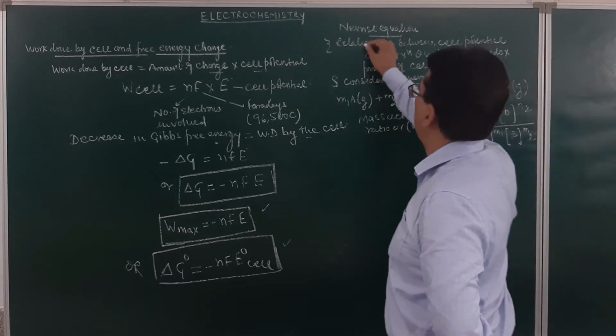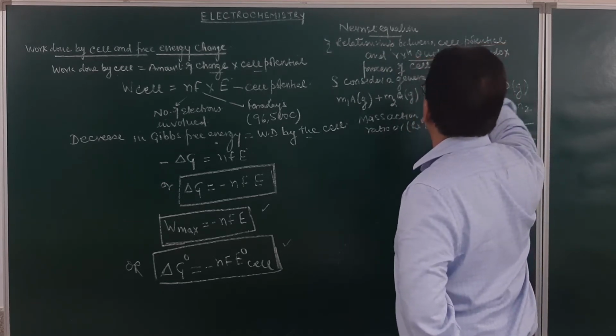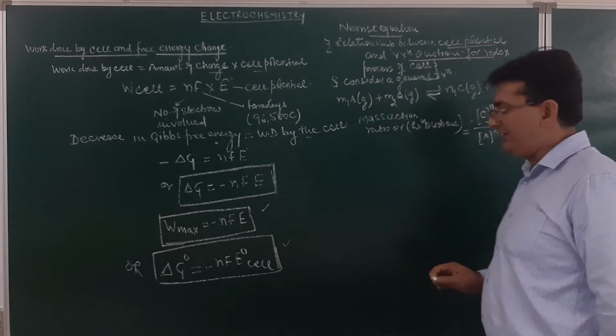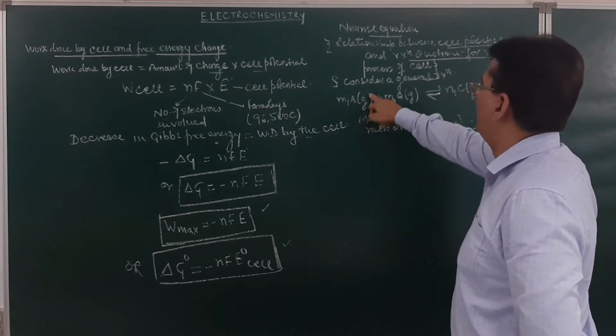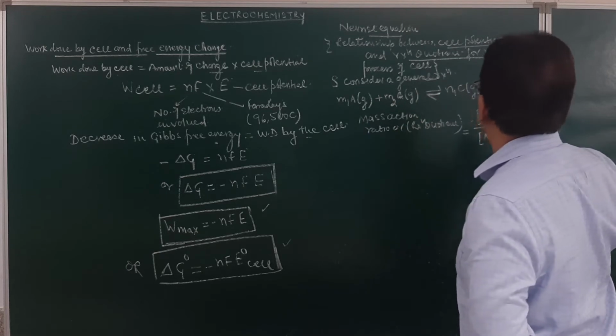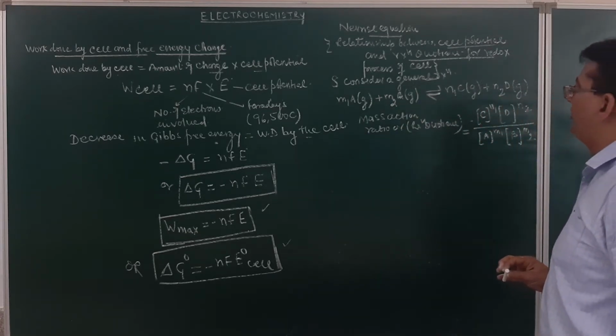We are trying to find out the relationship between the cell potential and the reaction quotient. We have considered a general reversible reaction: M1A in the form of a gas plus M2B in the form of a gas is in equilibrium with N1C in the form of a gas and N2D in the form of a gas.